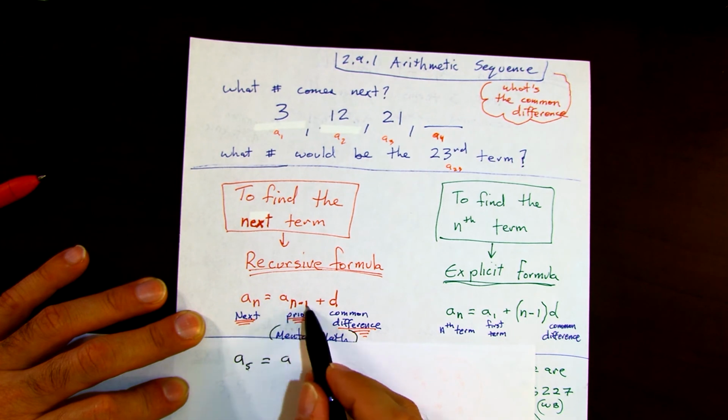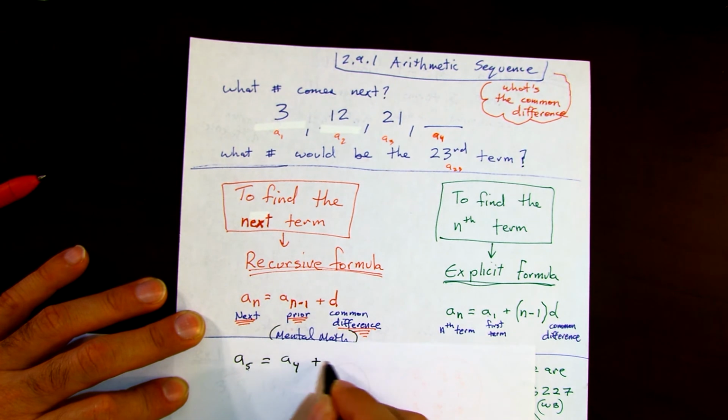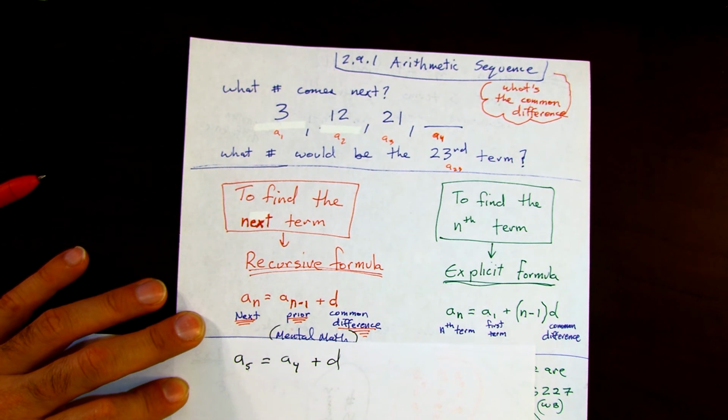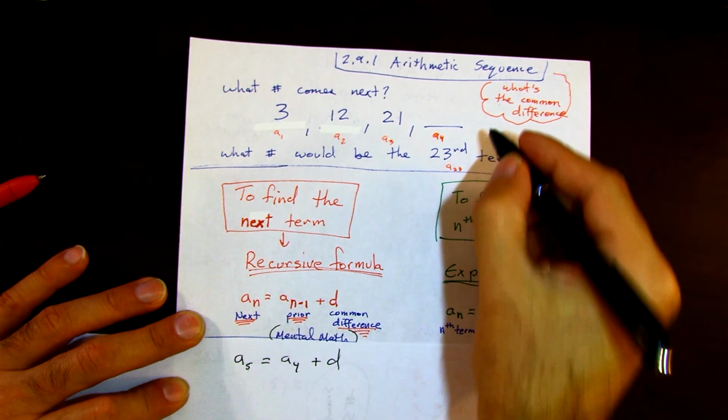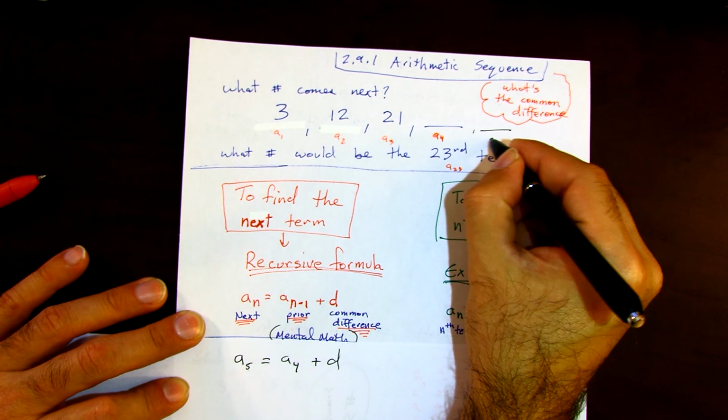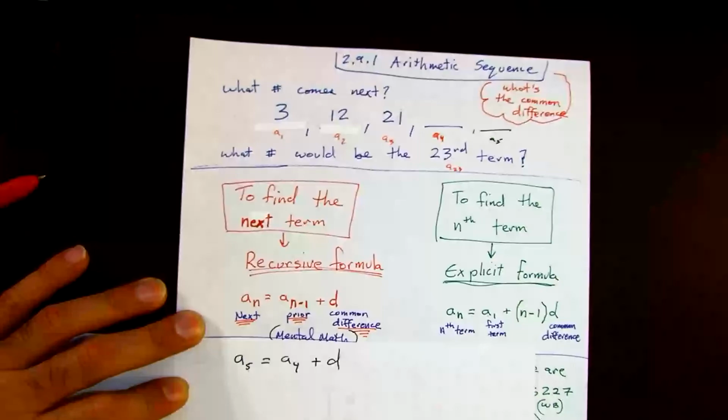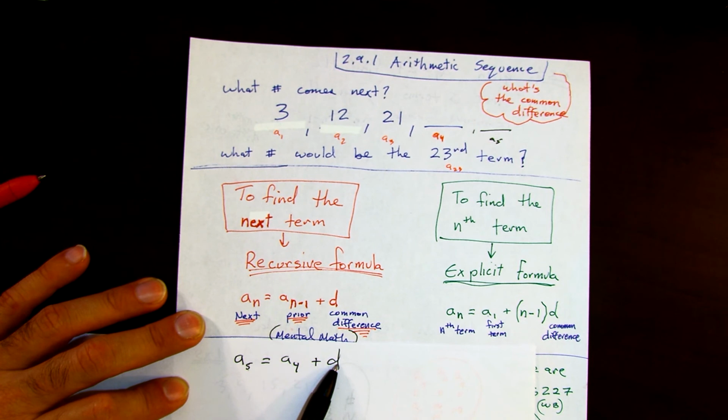So 5 minus 1 is 4, plus D. Now let's see if that makes sense. The fifth term, A sub 5, is going to be A sub 4 plus the common difference. Thumbs up if you understand where we're going with that. Does that make sense? Thumbs up, sideways, down for so far? Good. Okay. Thank you.